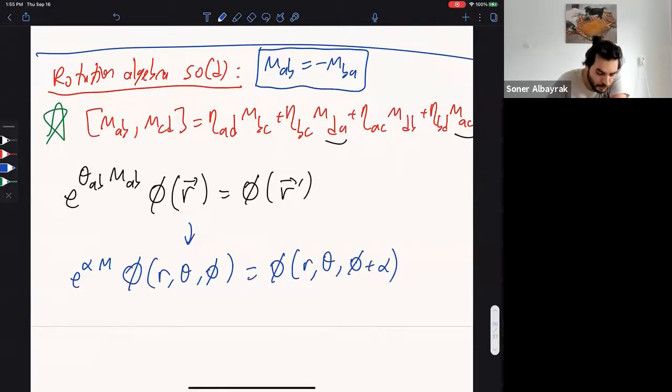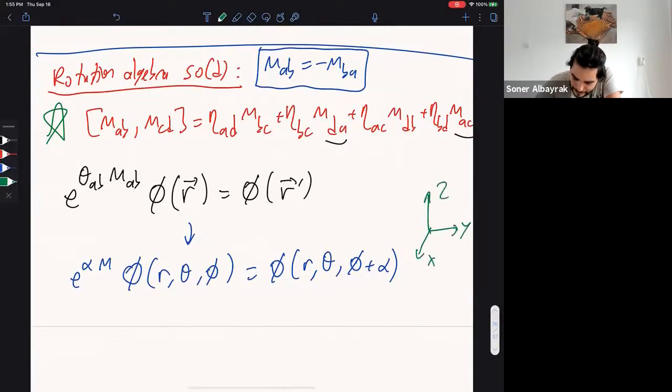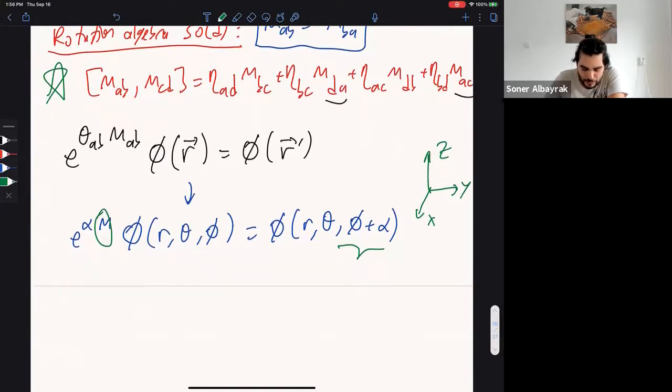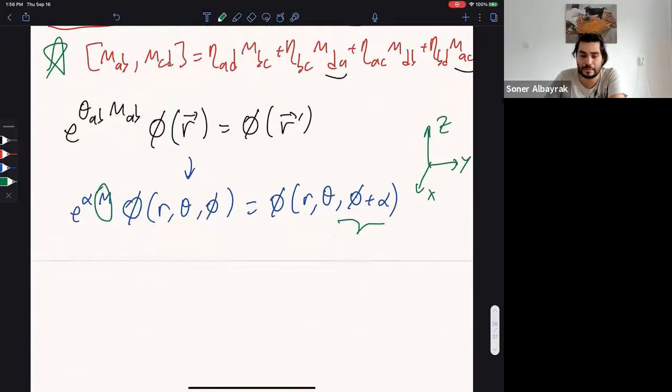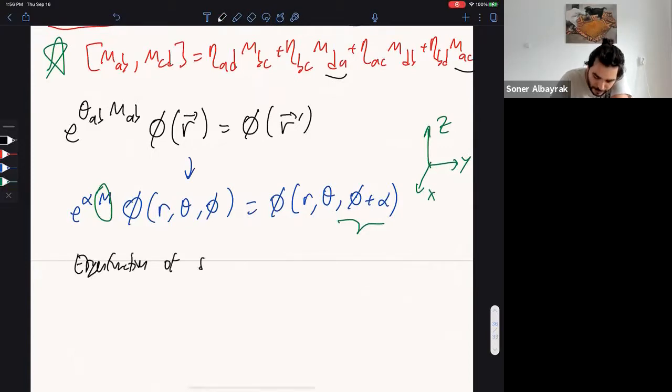I chose my coordinate system x, y, z such that this generator M is rotating in the xy plane. It's only changing phi. Good. Now I'm trying to find the generator M. Nice, it does rotation. So again, similar to Fourier transform, we need to expand in the eigenfunctions of SO(D).